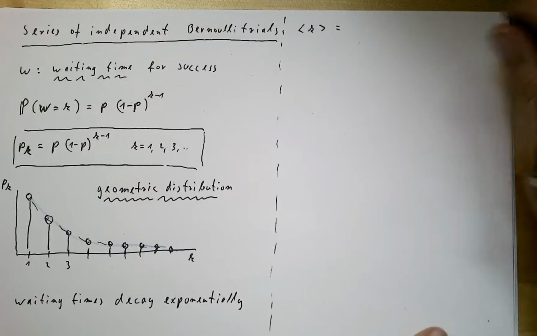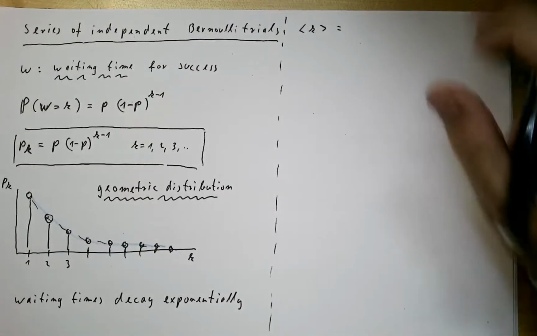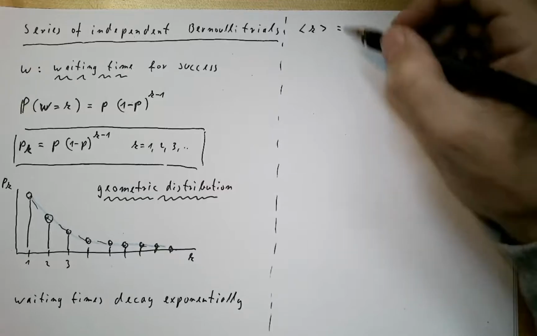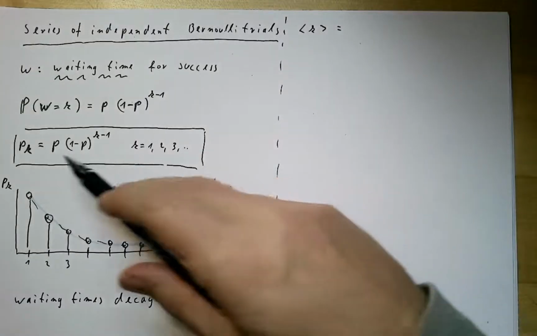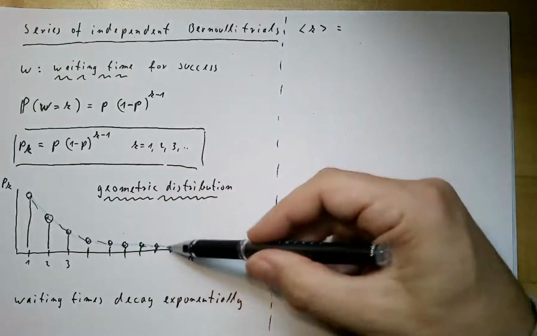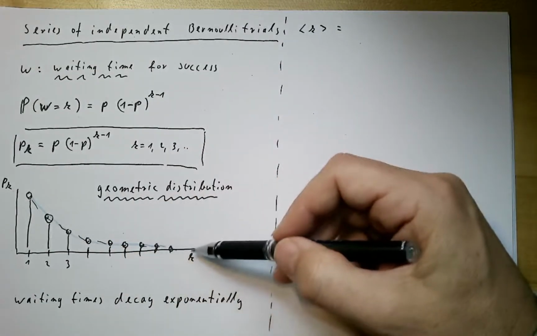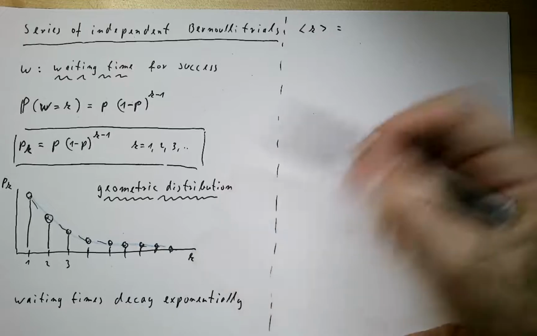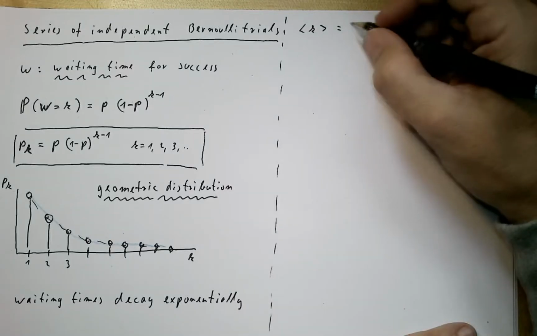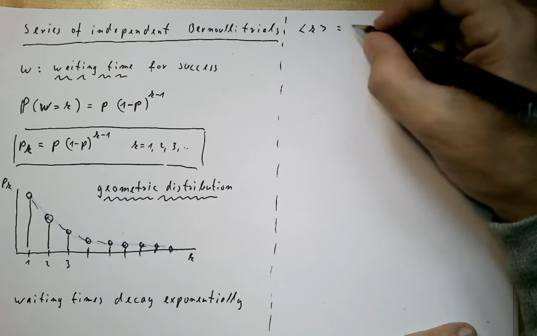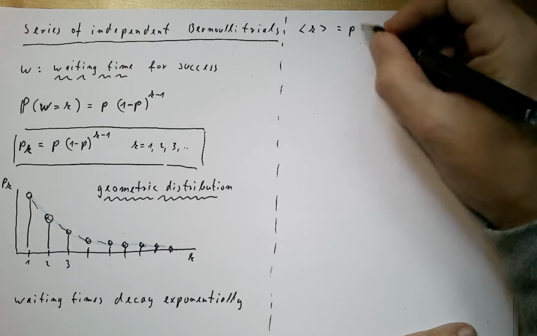If you're not used to this calculation, it's just a straightforward application of our definitions. So this k can be infinitely large, so we have an infinite sum here for the expectation value, and let me write down the sum first in terms.